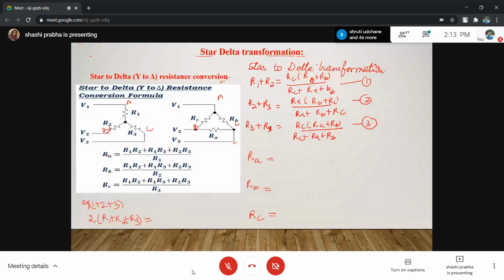So we get 2 times RARB plus RBRC plus RCRA divided by RA plus RB plus RC, and I call this equation number 4. 2 and 2 cancels.